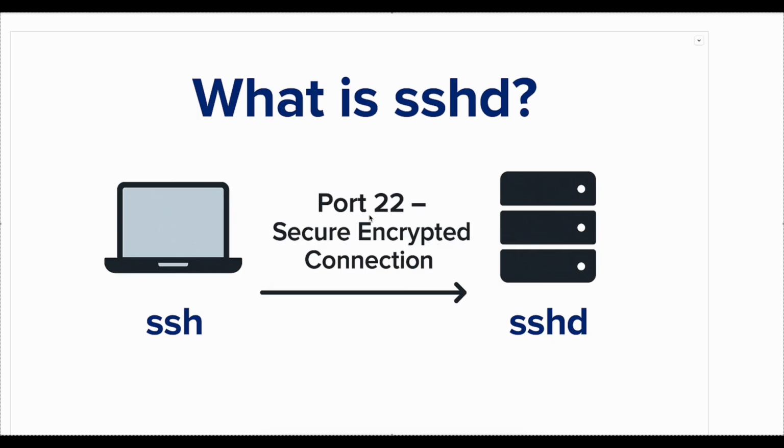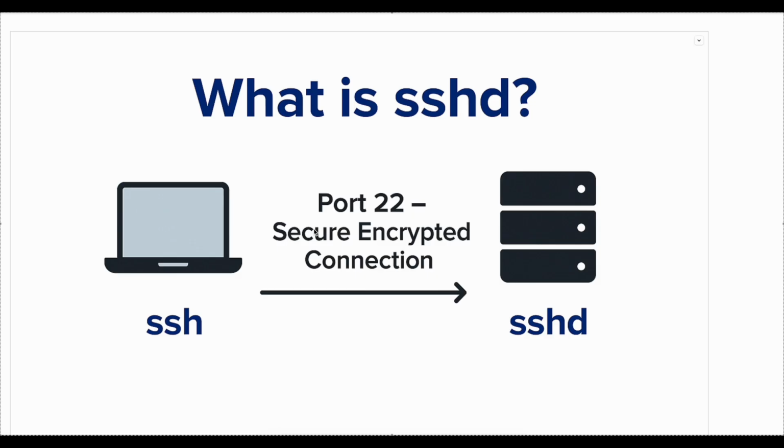When your SSH client, that's the SSH command on your laptop, tries to connect, it talks to the SSH daemon on the server through a secure encrypted channel. The daemon then handles authentication, verifying your credentials or your key, and once everything checks out, it allows you into the system securely.